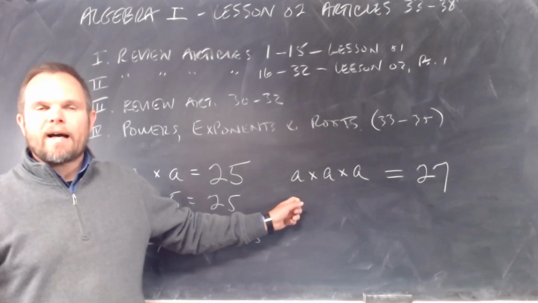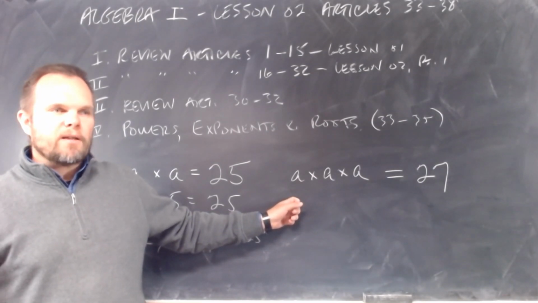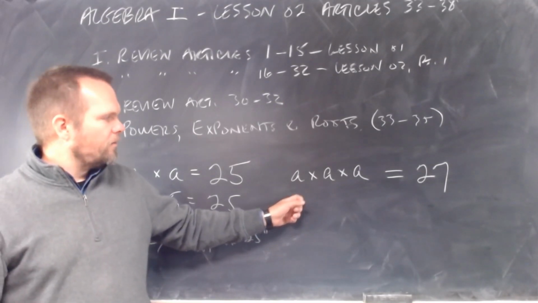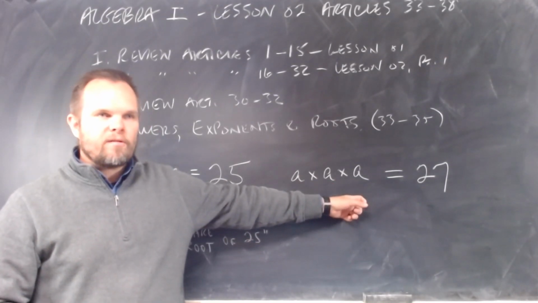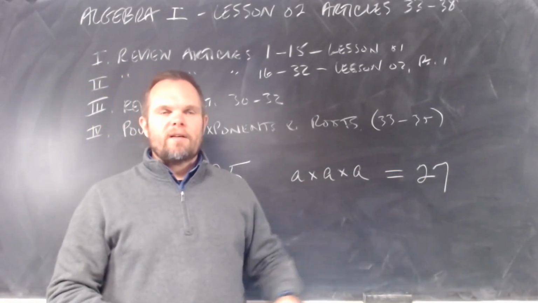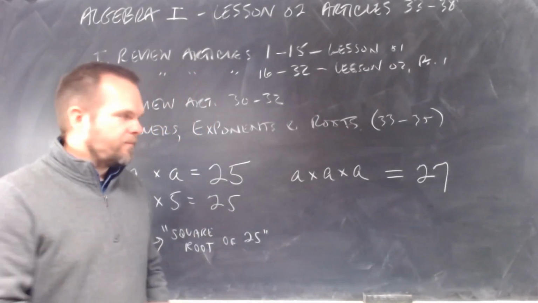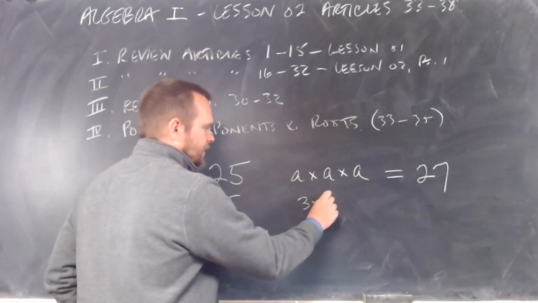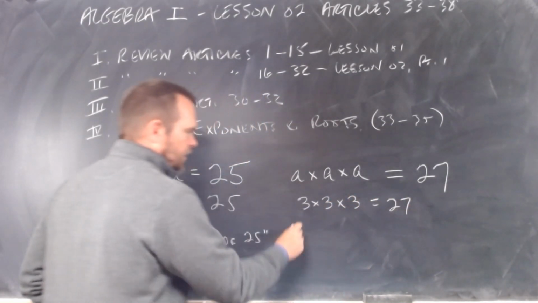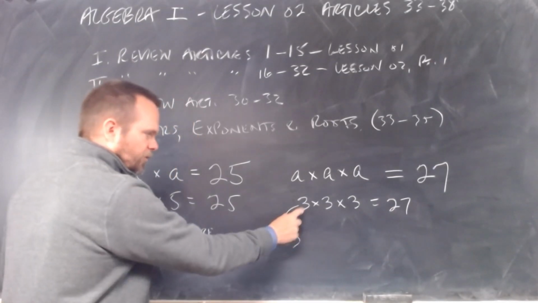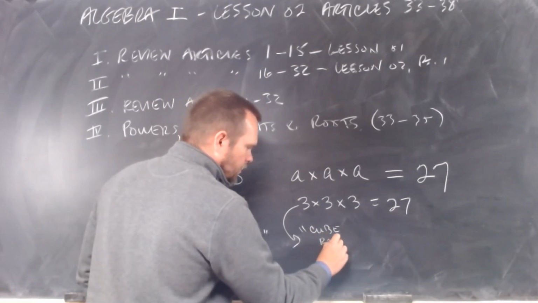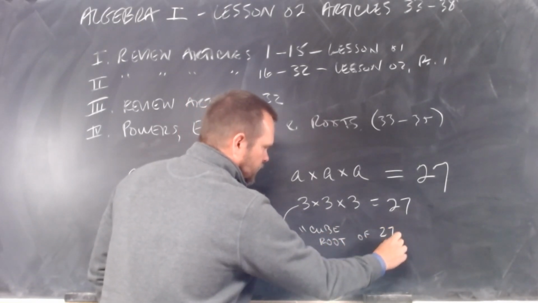If I asked you to find that number, what would it be? 9? No. What number multiplied by itself, taken as a factor 3 times, equals 27? Not 9. 3. 3 times 3 makes 9. Times 3 again makes 27. So 3 is the cube root of 27.